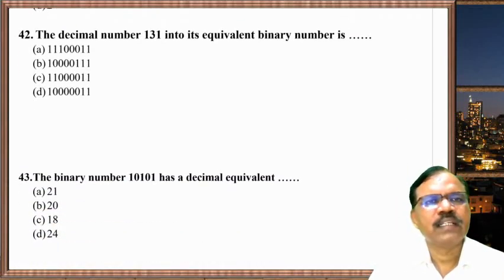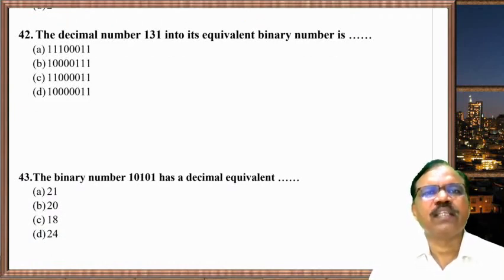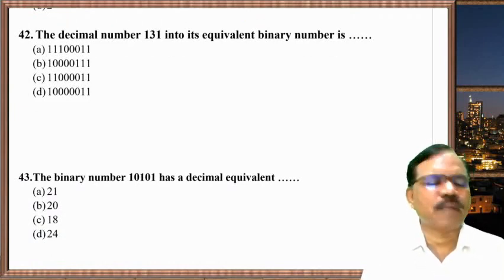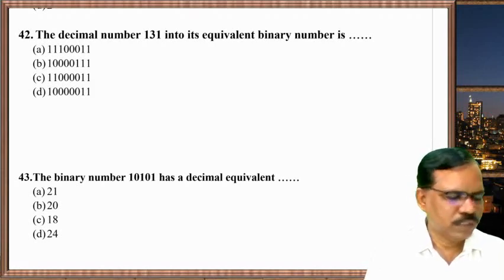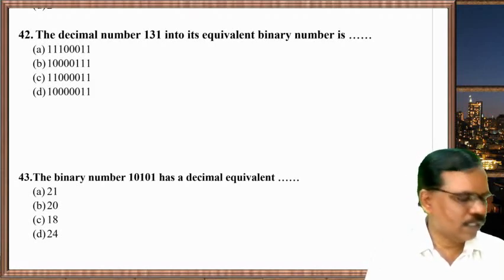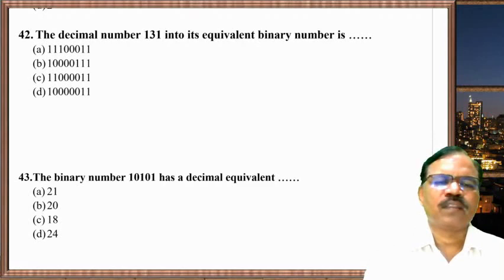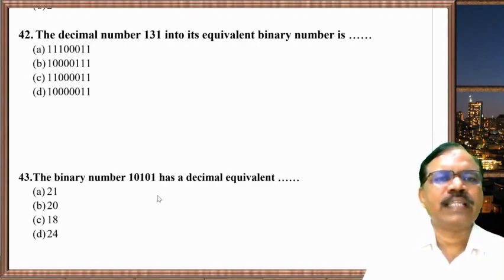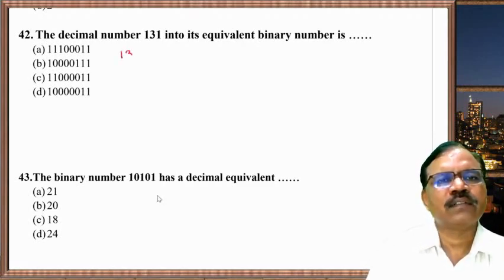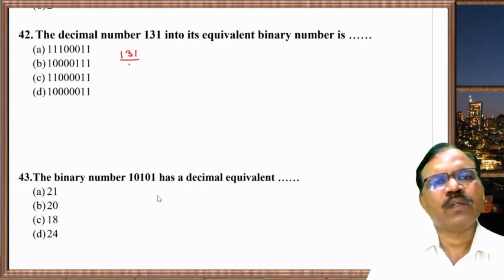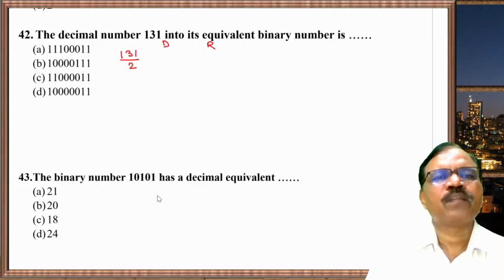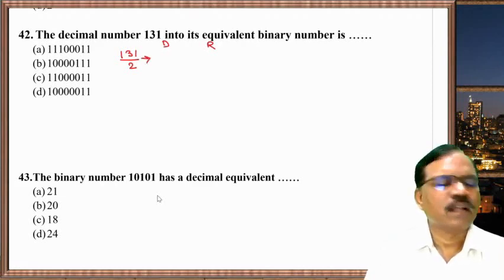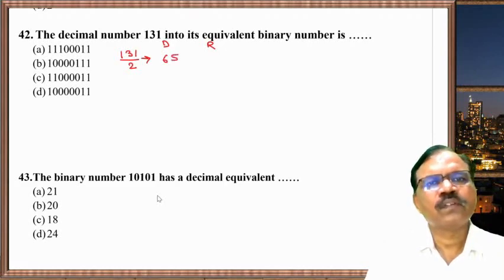Now next one, the decimal number 131 into its equivalent binary number. Now we have to convert 131. So what is the method? Take that number 131, divide it by 2. Now we will get division and remainder. Division is 65 and remainder is 1.